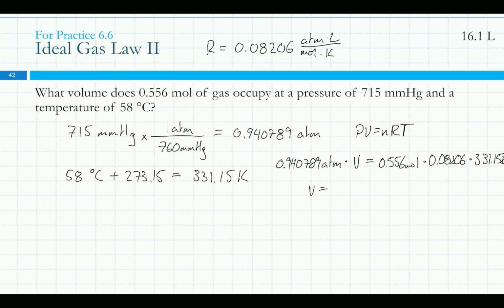So the volume equals 16.1. Okay, good. I'll give you any pressure conversions that you need.